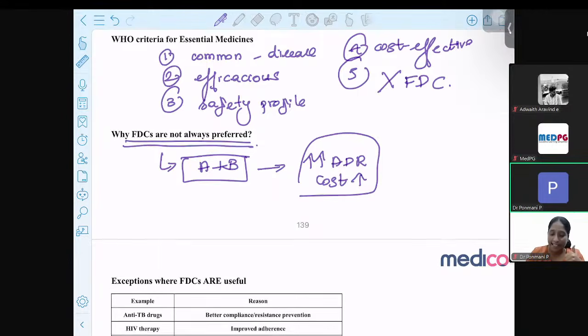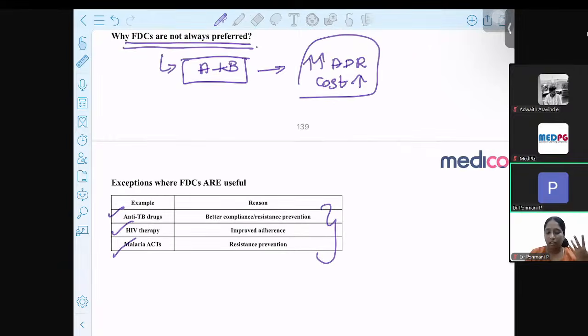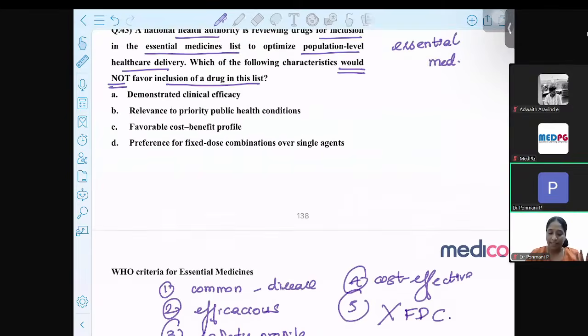What are those FDCs which are included? Your anti-TB drugs, which are available as FDC under essential medicine, anti-HIV drugs, and anti-malarial drugs. Only these three are available as FDCs. Otherwise, essential medicine doesn't promote FDCs. Okay.